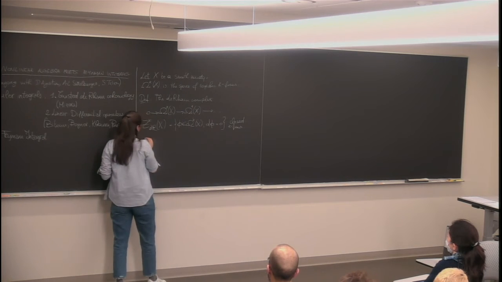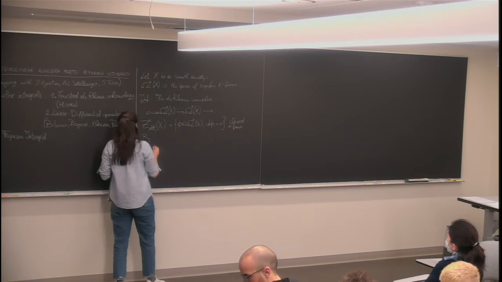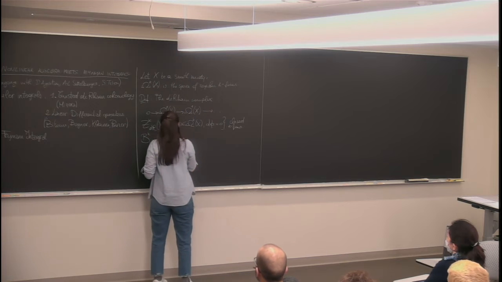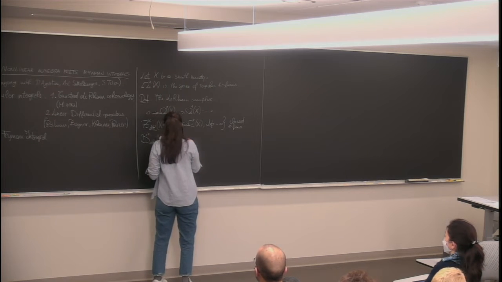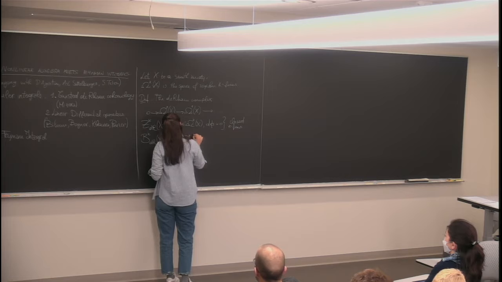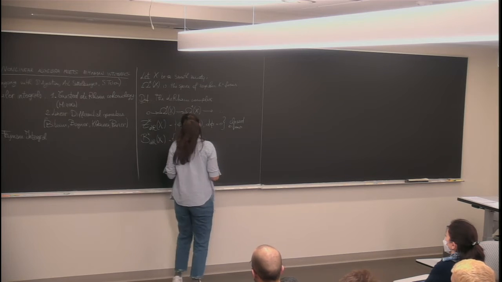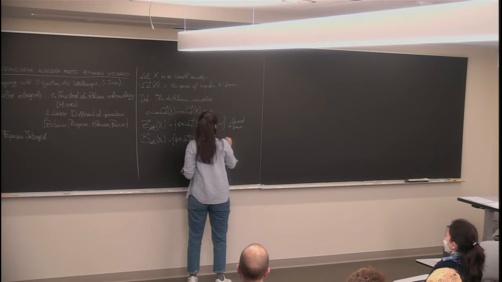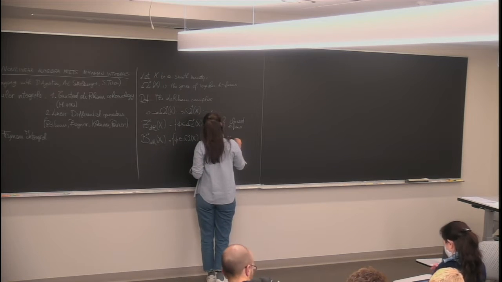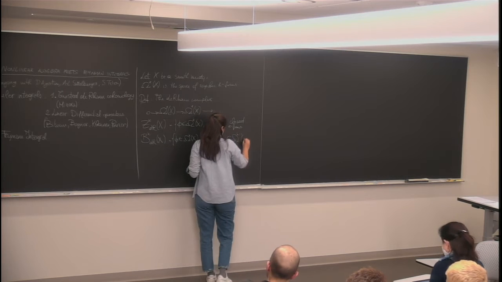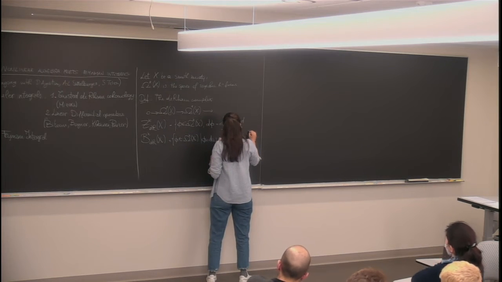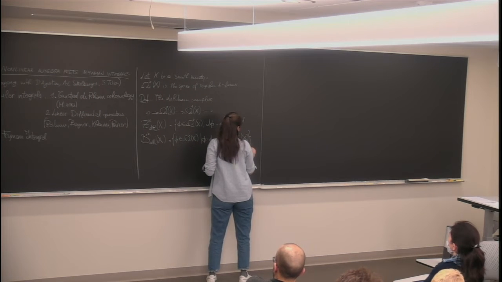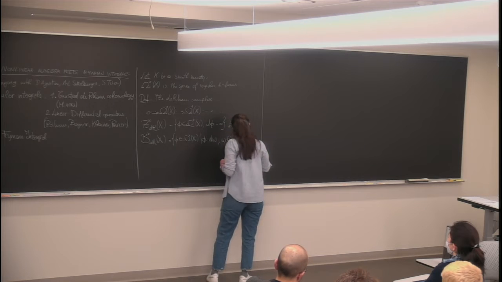And the exact forms instead are denoted with B^k_dR, and these are all the k-forms such that they can be written as the differential of some other form omega, where now omega is a (k-1)-form. And these are what's called exact k-forms.